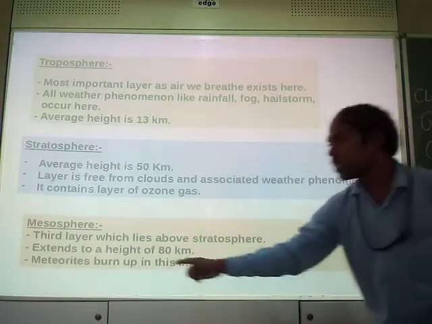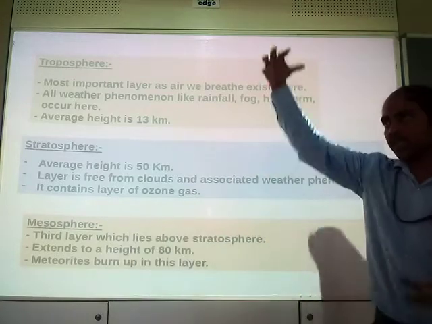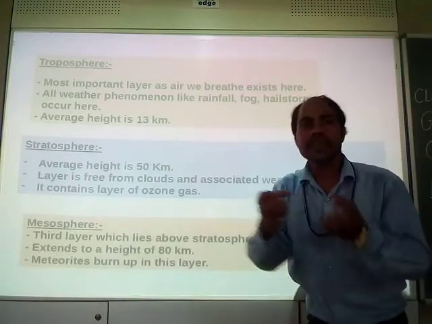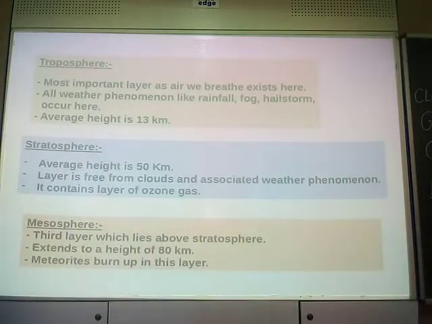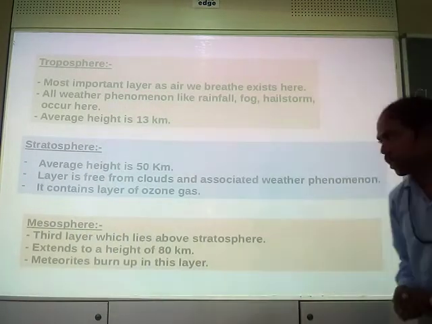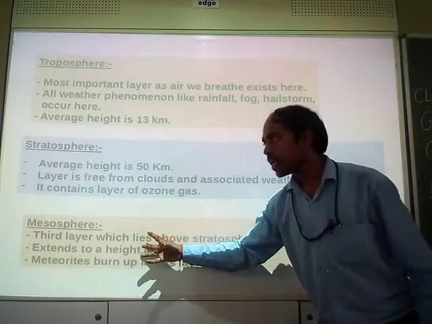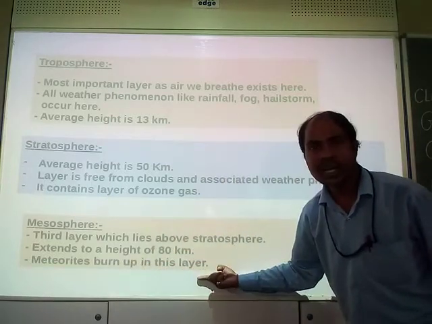So these meteorites burn up in this layer. When they pass through the mesosphere, they burn up due to friction. Okay, and other associated phenomena, right? So why is this layer important? Because meteorites burn up in this layer.